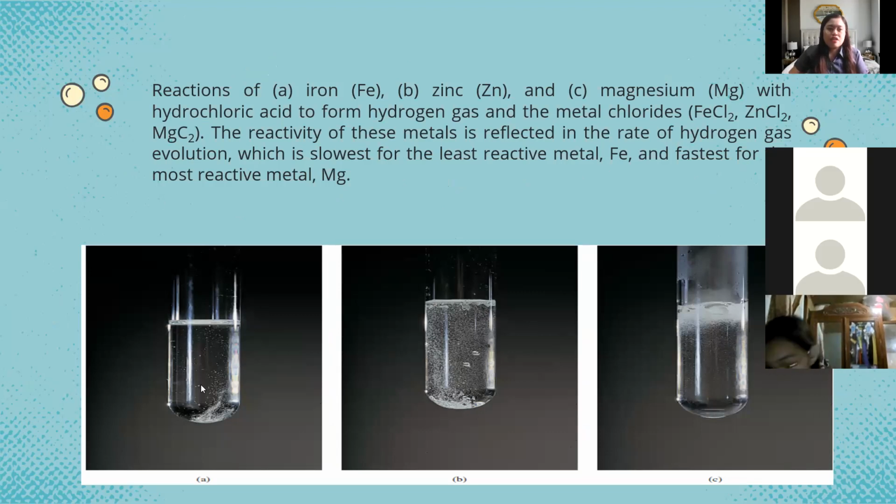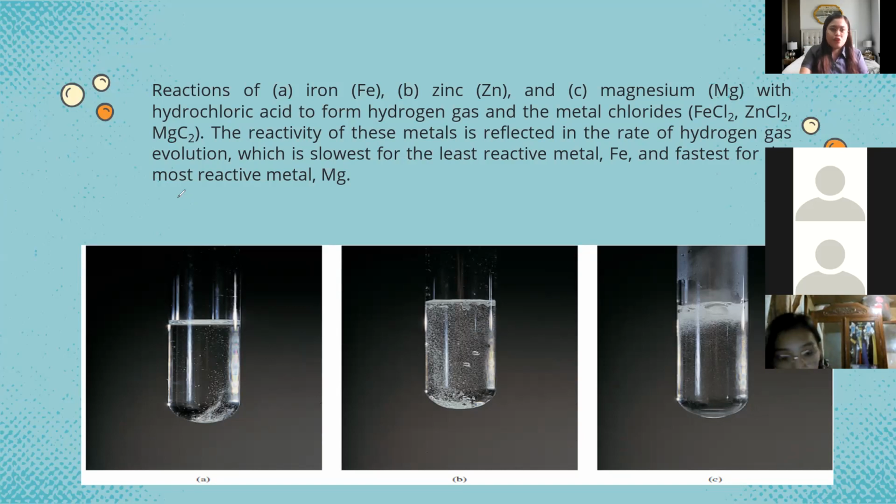So for test tube letter A, we have there the iron, but this time this is not water, it is hydrochloric acid. So if iron again is placed in hydrochloric acid, syempre si iron is more reactive, thus it can replace the hydrogen. So let me write the reaction sa screen.